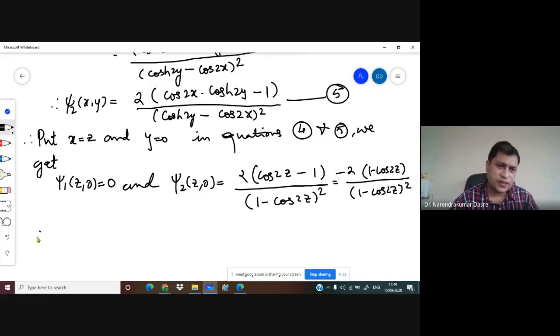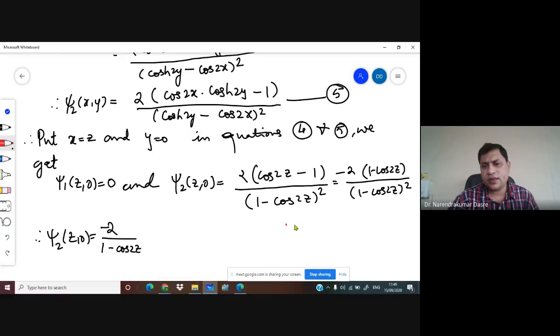One bracket will get cancelled here, and hence we have psi 2 of z0 is equal to minus 2 upon 1 minus cos of 2z.